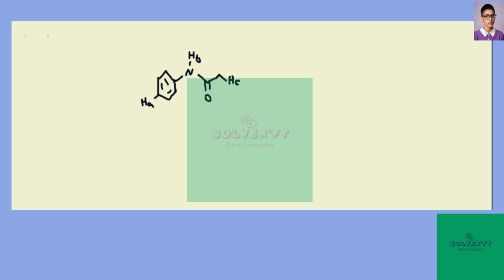So if we lose A, that's going to result in this molecule. That's going to look like this with the lone pair and the negative charge on this carbon.